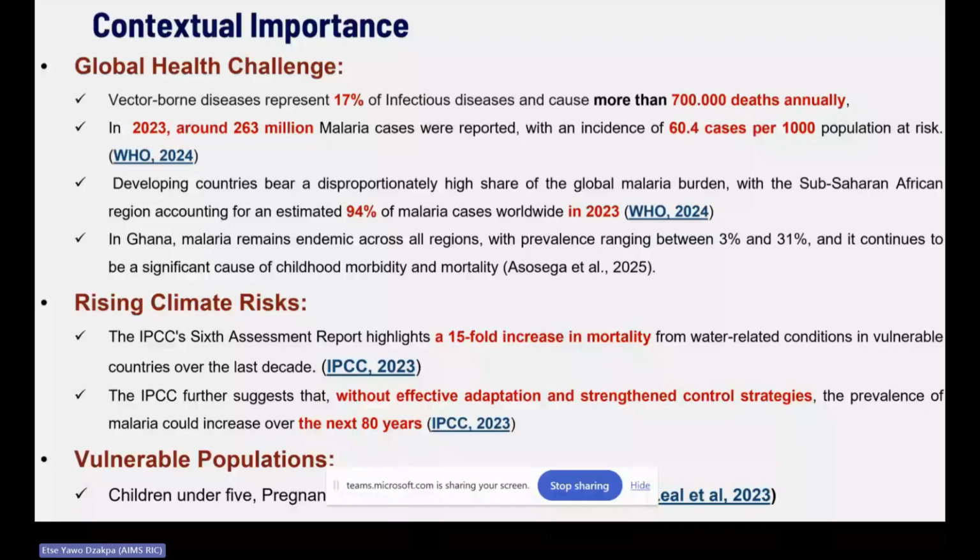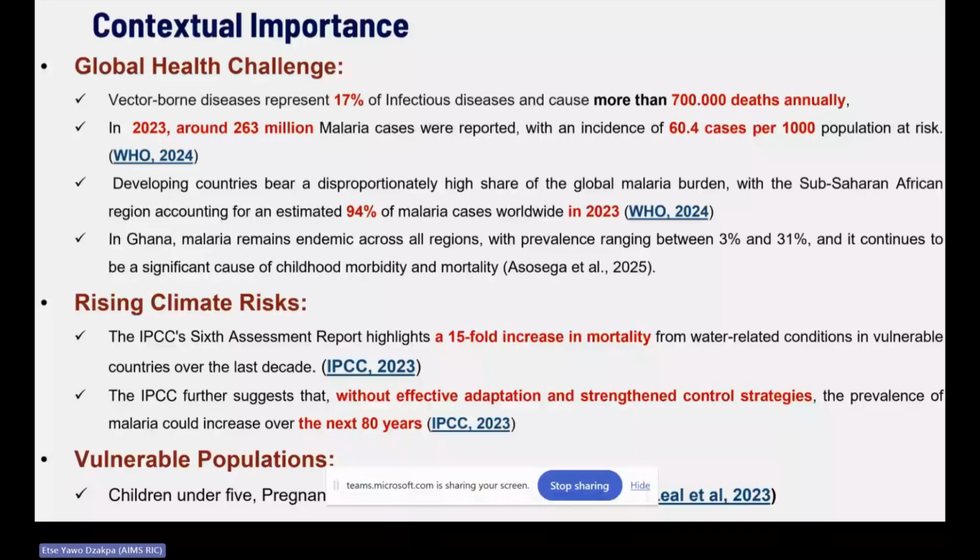Specifically, Ghana is part of sub-Saharan Africa and is also an endemic area, highly at risk of malaria, where the prevalence ranges between 3% and 31%. All these statistics prove that when we are talking about malaria, we are facing a global health challenge and a public health problem.